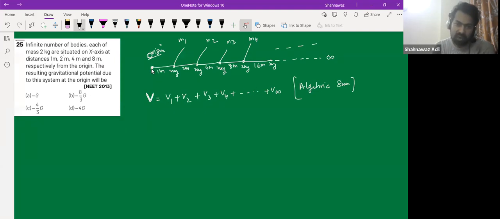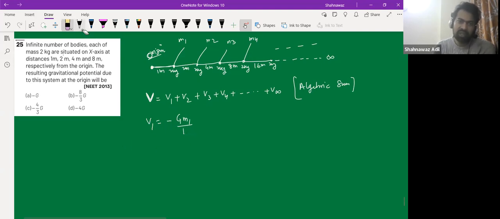So at the origin, which is separated by 1 meter from M1, what would be V1? That would be simply minus G M1 by R1, which is 1 meter.